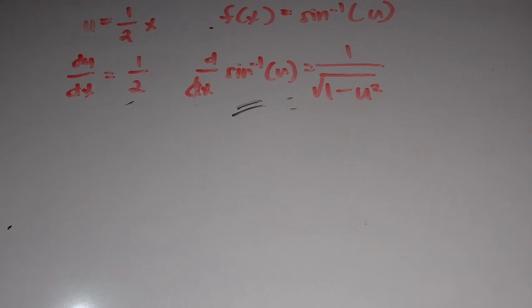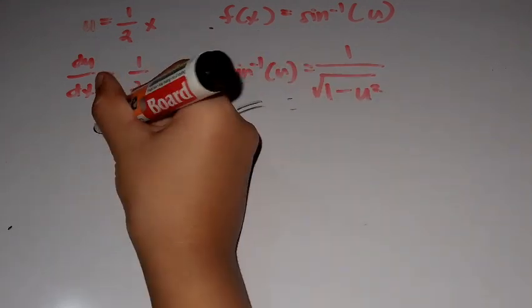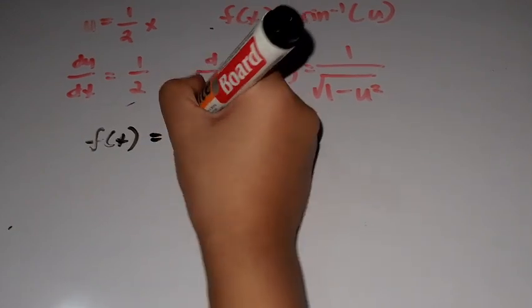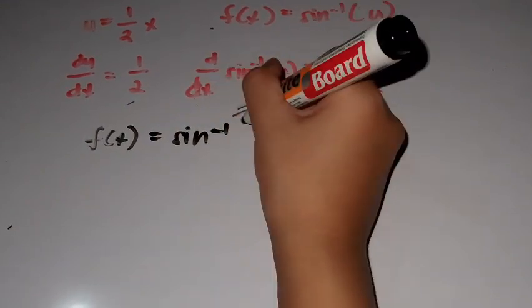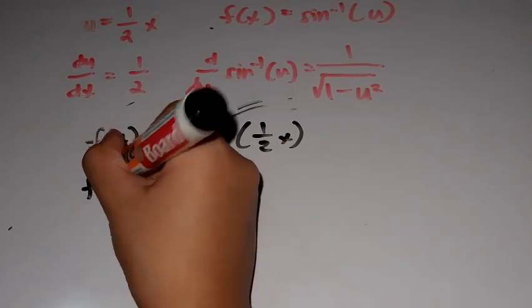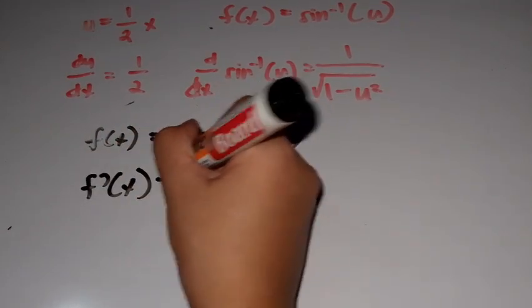So, from the given function, f of x equals arc sine of 1/2 x, we have now the derivative of that.